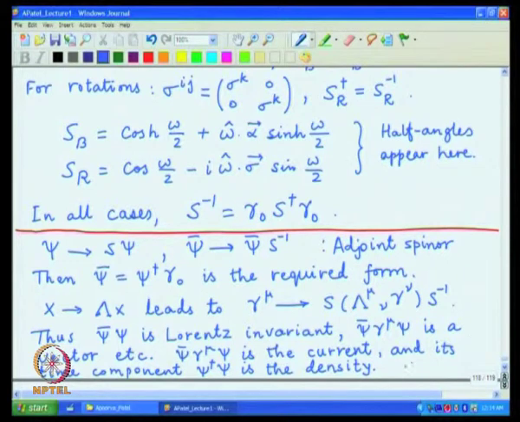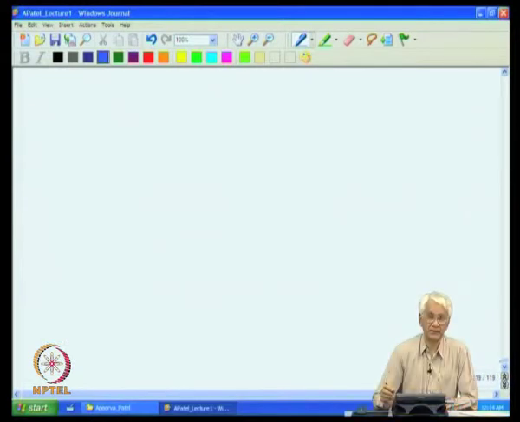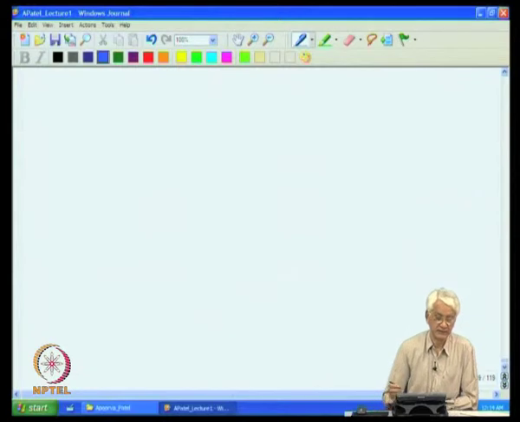One can now go further and define all possible structures which can be constructed by products of spinors and various kinds of gamma matrices.